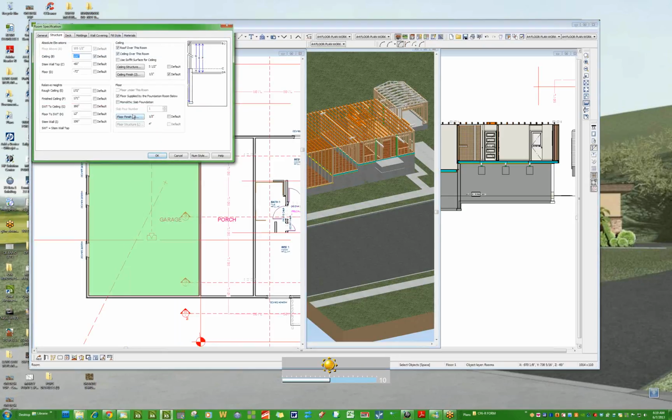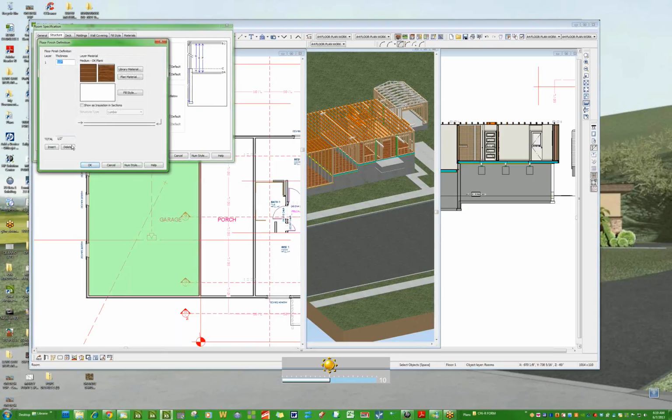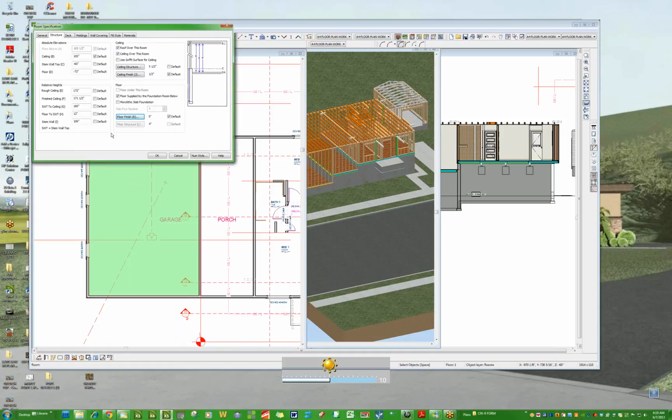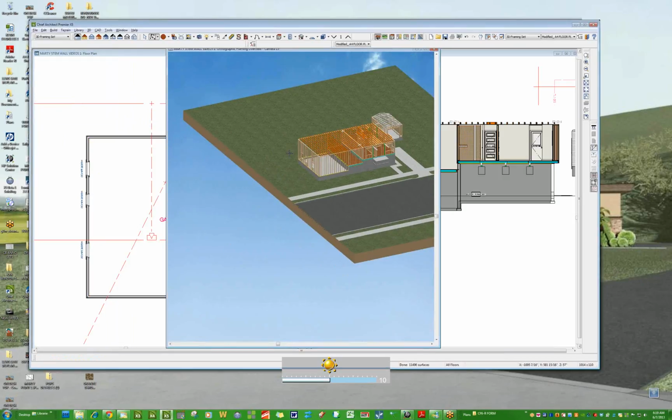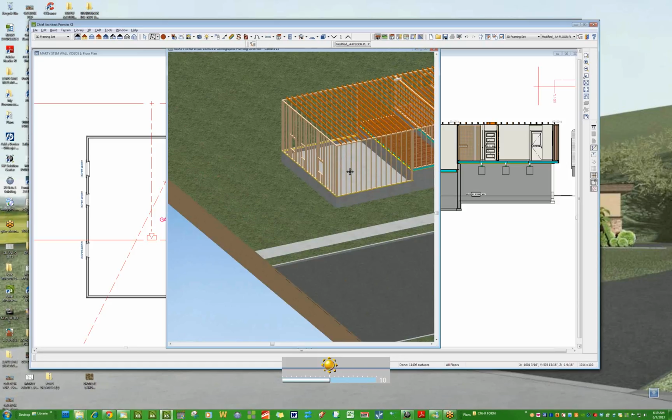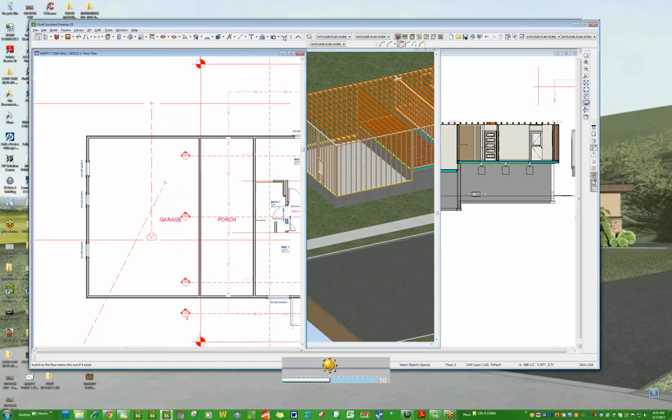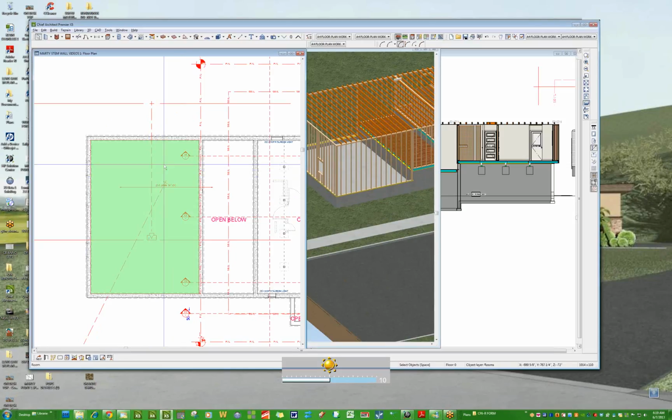Floor finish, delete. Oh, it's a monolith, whatever. I'm back up. Oh, there's my slab. Isn't that interesting? Does that make any sense to you guys? You think I've got a slab in there? I really get confused with this stuff here.